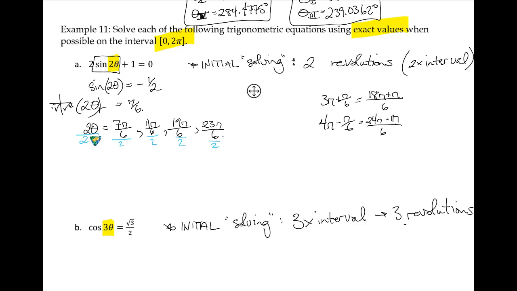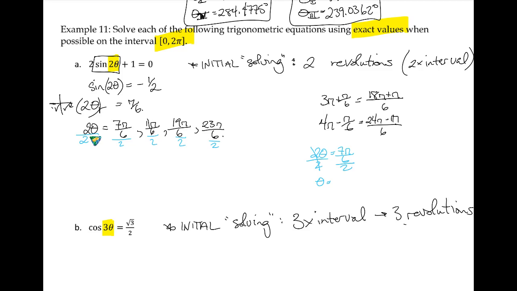So again, I'm going to do some scratch work over here so you can kind of see what that looks like in terms of process. So I've got 2 theta equals 7 pi over 6. Great. Divide by 2, divide by 2. That makes my left side nice and neat, but it makes my right side pretty ugly because I've got 2 denominators. Well, you can look at it as we're dividing by a whole number, so you multiply by the reciprocal, which is 1/2.